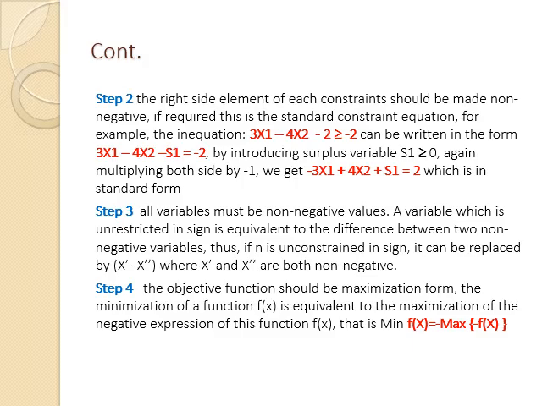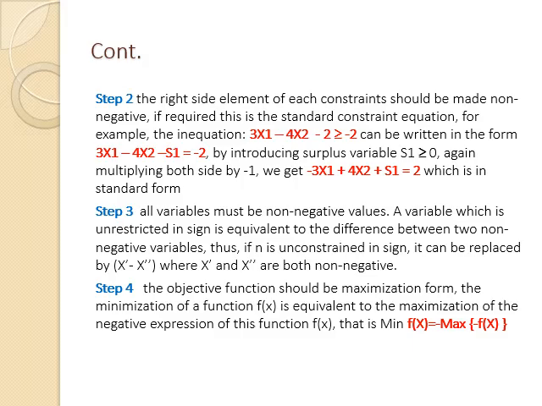Thus, if x is unconstrained in sign, it can be replaced by x' minus x'', where x' and x'' are both non-negative. So x' and negative x'' are both non-negative.